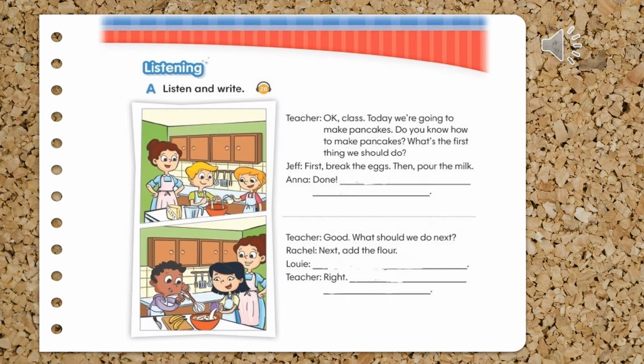Listen and write. Okay, class. Today we're going to make pancakes. Do you know how to make pancakes? What's the first thing we should do? First, break the eggs. Then pour the milk.